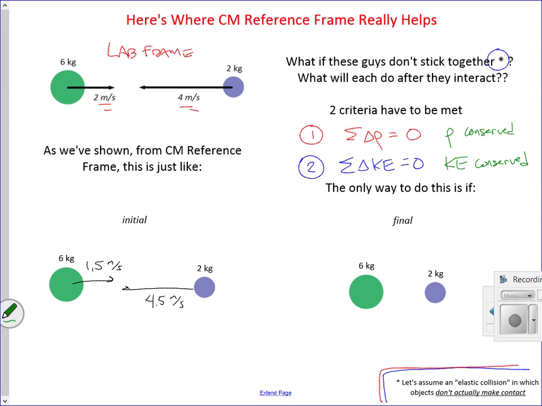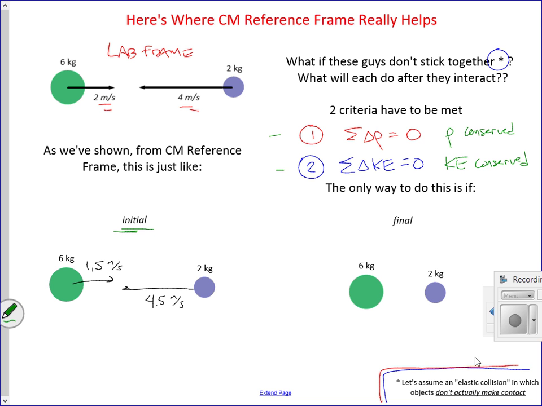All right? So from the frame of reference of the center of mass, here's what was initially happening. 6 kilogram moving this way, 2 kilogram moving that way at those speeds. Well, what we have to do is satisfy both of these criteria. We have to have afterward the same amount of momentum.